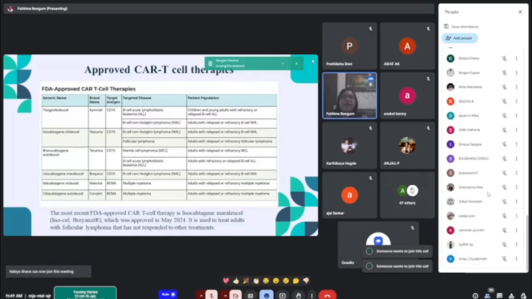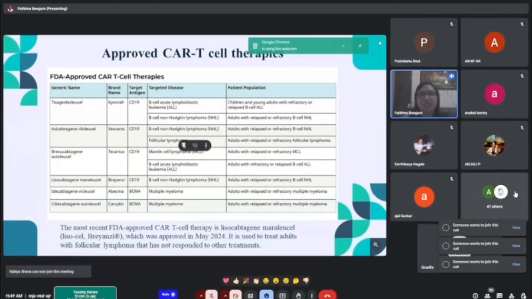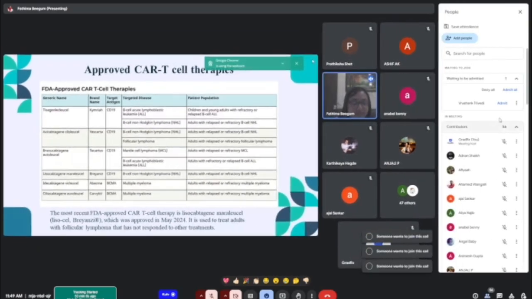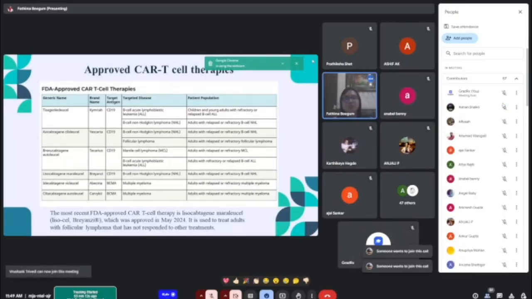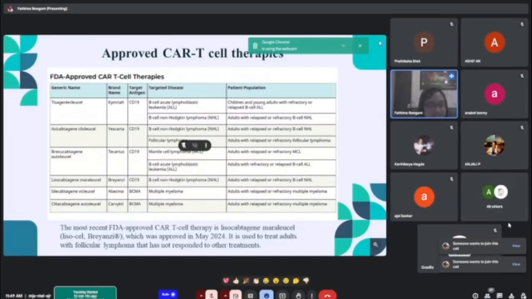Next is, which are all the FDA approved CAR T cell therapies so far. The first one is tisagenlecleucel, which is a chimeric antigen receptor used in B cell lymphocytic leukemia, and also for ALL. The next is axicabtagene, then lisocabtagene, brexucabtagene, maraleucel.